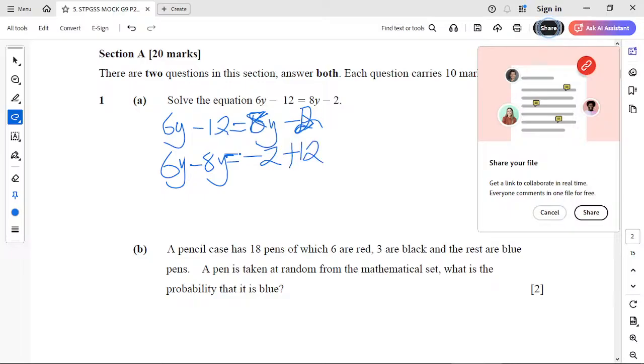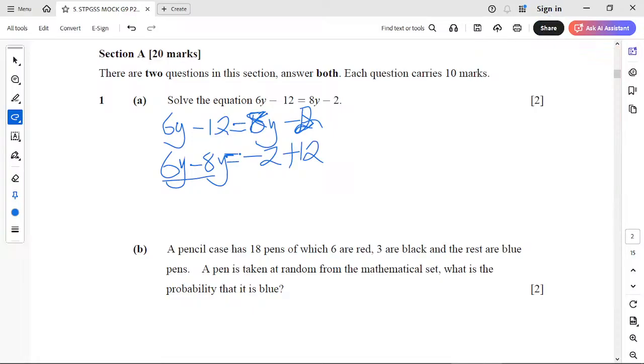Now I'm going to evaluate these expressions. Let me start with 6y minus 8y. According to the laws we follow in integers, whichever item or term has the bigger quantity, we take the sign of that.